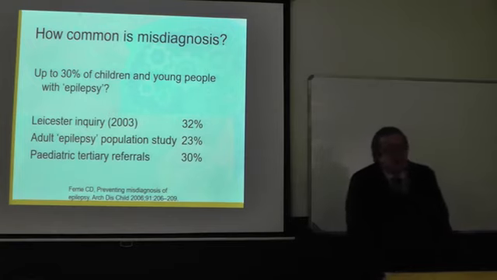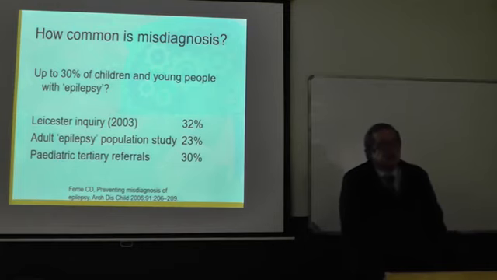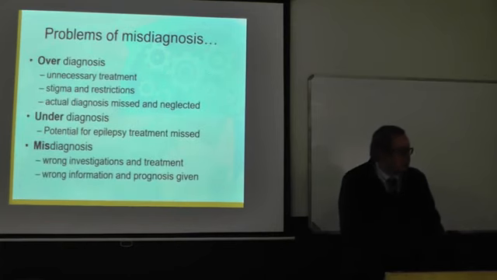So there have been quite a number of infamous cases where doctors overdiagnosed epilepsy, basically because they didn't take the time to spend time with the parents on the clinical diagnosis, getting a good history.